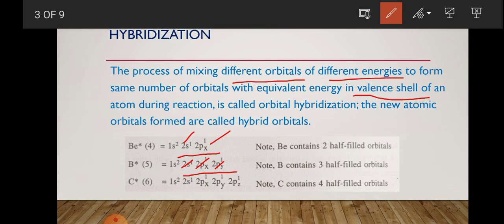And for carbon, the valence shell is also 2, and here one s orbital and three p orbitals, that is px, py, and pz, mixed together, and after mixing they form four sp3 orbitals which have equal energy.